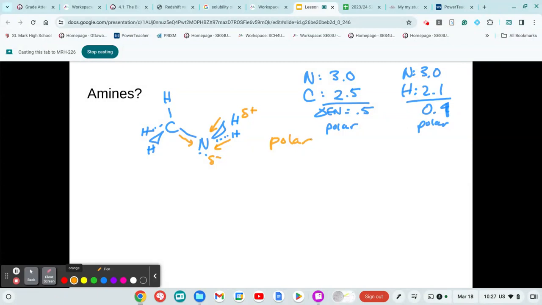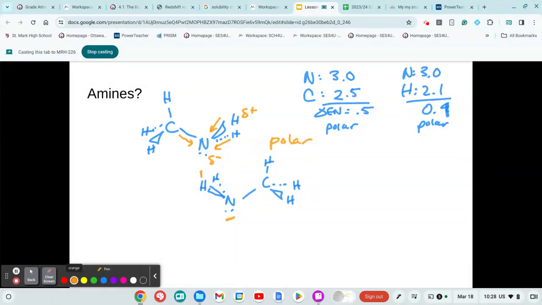If I had a second one of these molecules drawn, would there be hydrogen bonds between those molecules? Well, think this through. I'm going to draw another one. So if I draw another one, again, the nitrogen is a little bit negative.